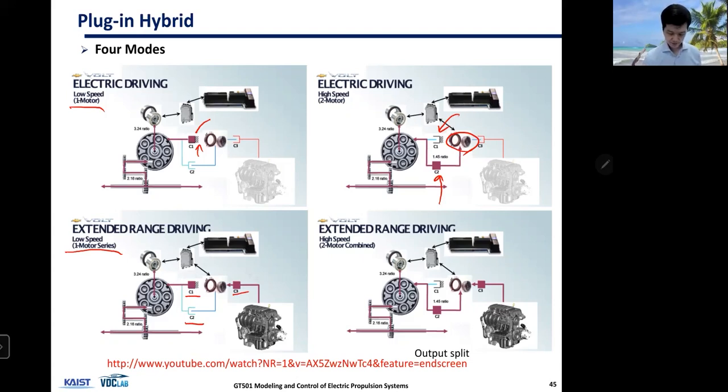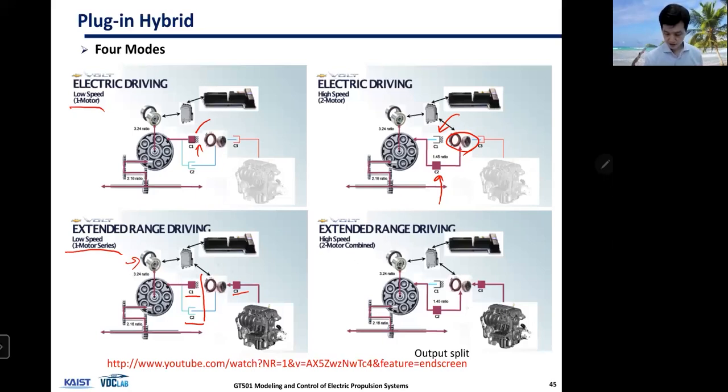That way, you are mechanically decoupling the engine and generator from the drive line. So it's a series mode. So generator is generating electric power, and you have this traction motor driving the vehicle using electric power. So this is a series mode.